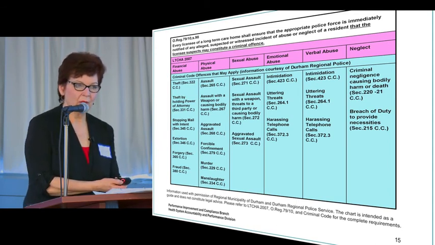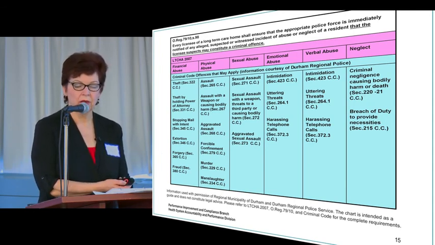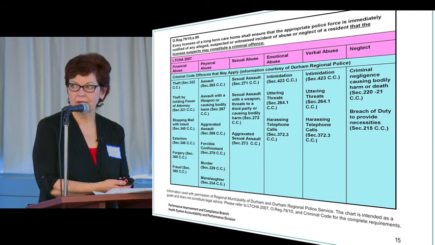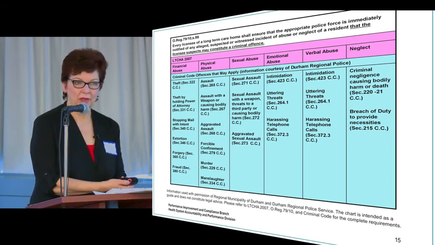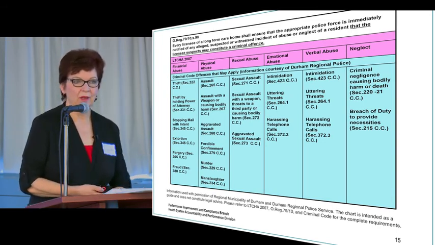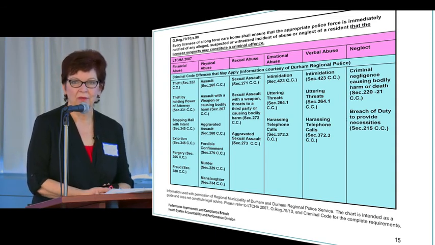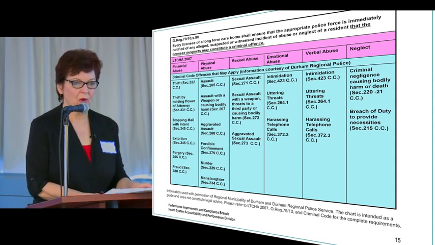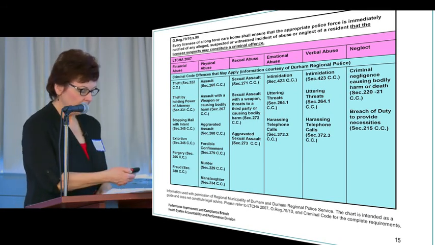If you think there might be financial abuse going on, don't say "we think there's financial abuse"; say you think there's theft by power of attorney. That's a Criminal Code term. Then you're less likely to get the response that you're just calling because the resident or family owes you money, so go through small claims court. No, that's not the issue. The issue is theft by power of attorney.